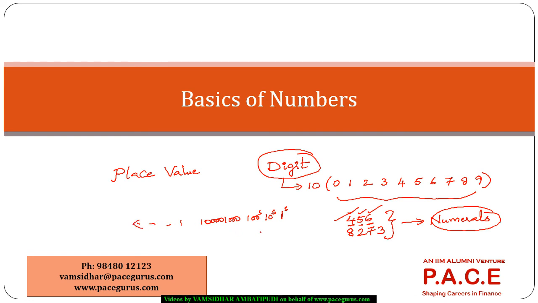If I go from right to left, the place value of each digit is 10 times the place value of the digit to the right of it. So that is what we typically call the place values.